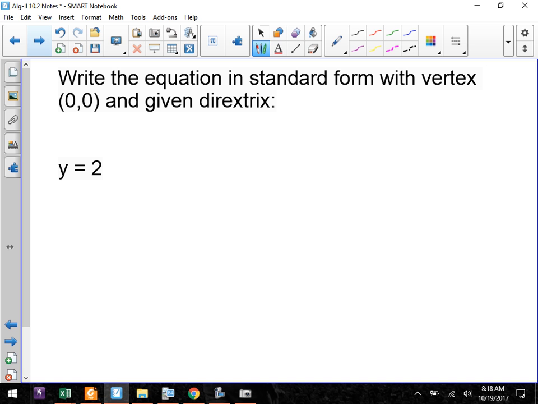All right, let's go backwards. Write the equation in standard form with the vertex at 0, 0, and the given directrix.